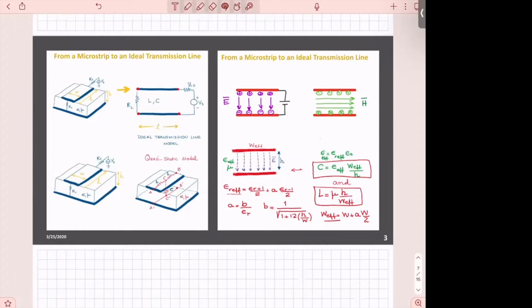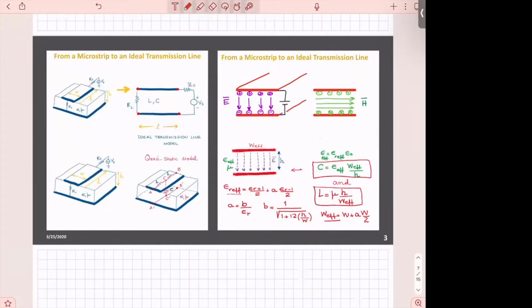Let me add to this structure so you can see the other dimension, its length. This structure is going to have that dimension remain. You remember we said that?